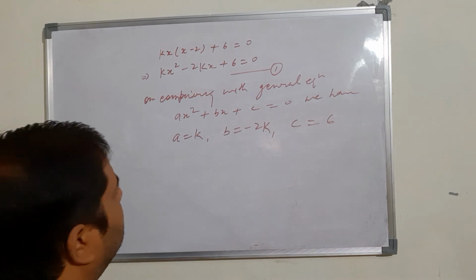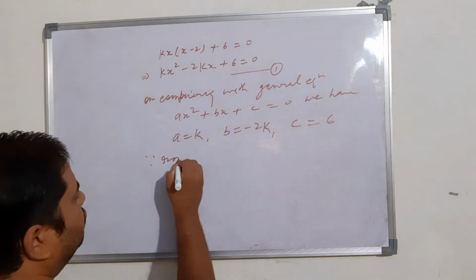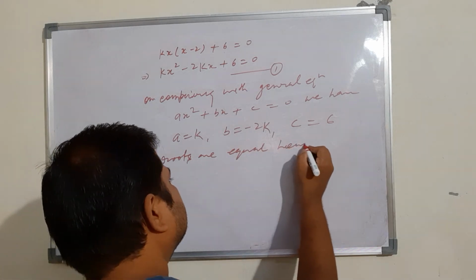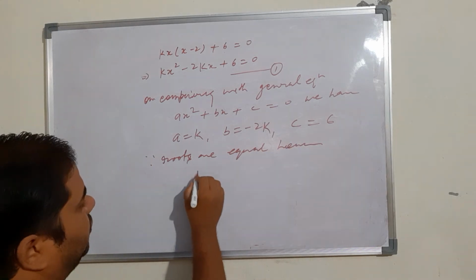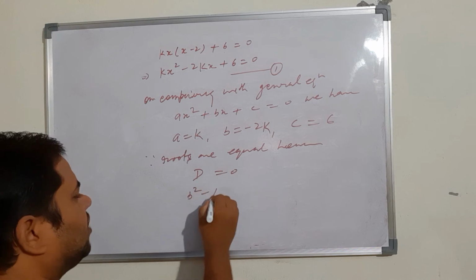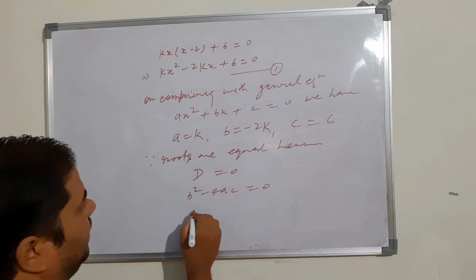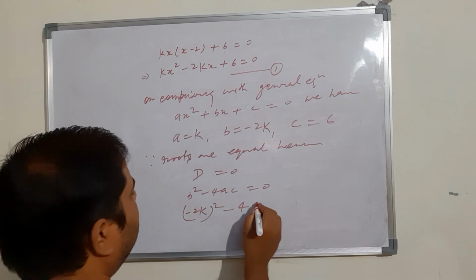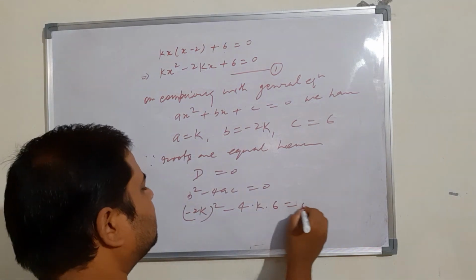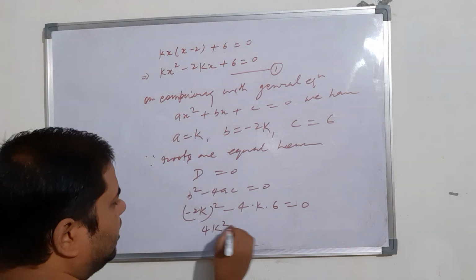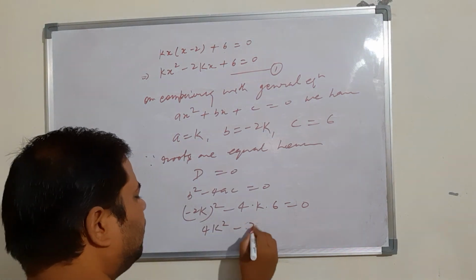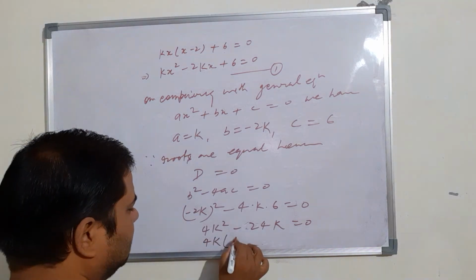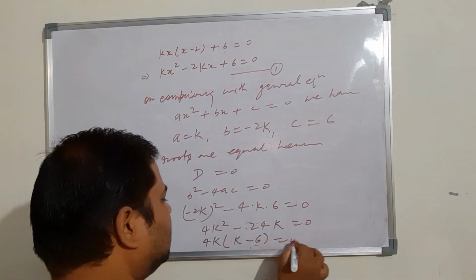So since the roots are equal, D is equal to 0, that means b square minus 4ac is equal to 0. b is minus 2k whole square minus 4 into k into 6 is equal to 0. So this is 4k square minus 24k is equal to 0, 4k is common, so this is 4k into k minus 6 is equal to 0.